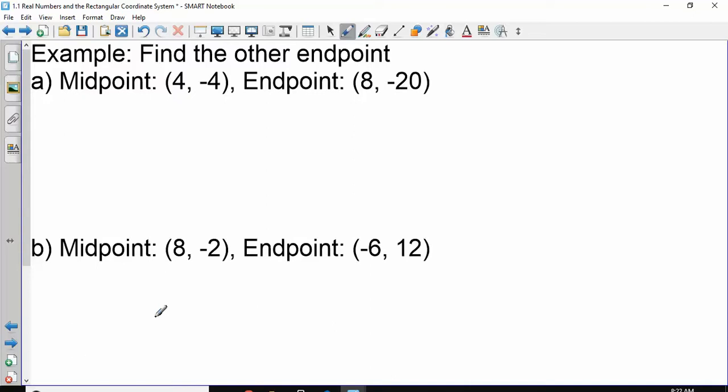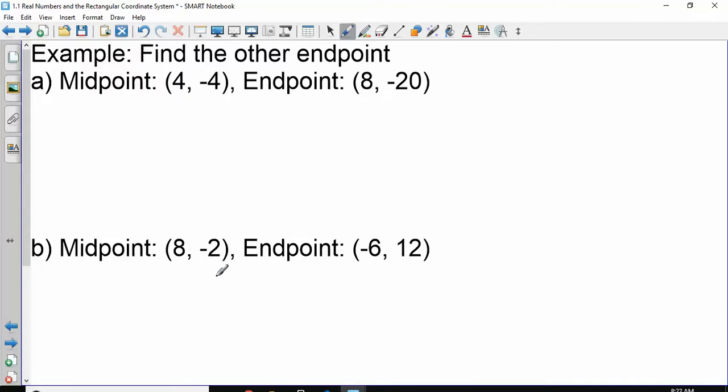All right. There are 2 ways to do this. There's the algebra way, so using our formula, and then there's kind of a reasoning way, where we can just think about it. So I'd like to show you the 2 different options and see what you guys think.